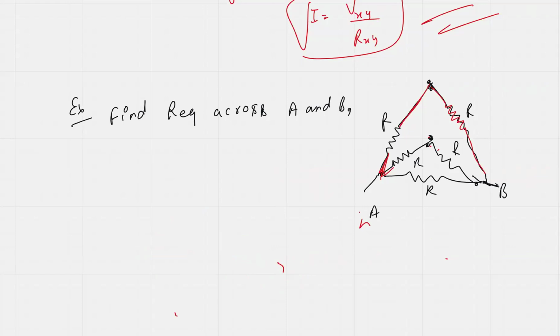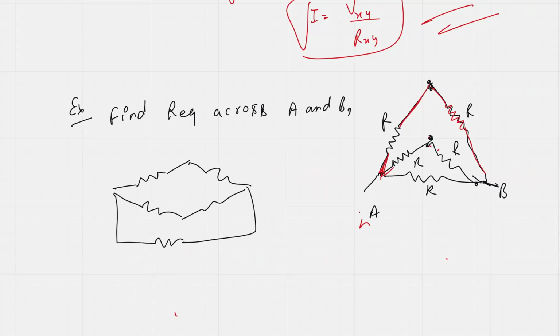Now you can say that your figure has been reduced to a very small part. This is one resistor, this is another resistor, another resistor, and the last is this. You have to calculate this.